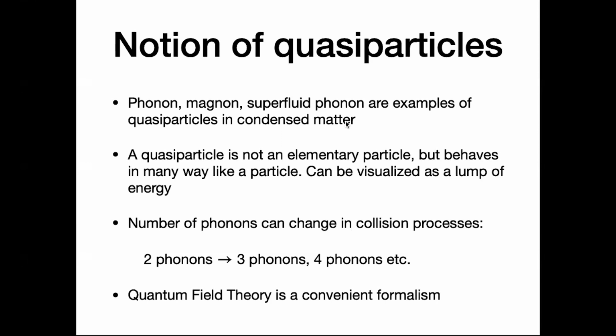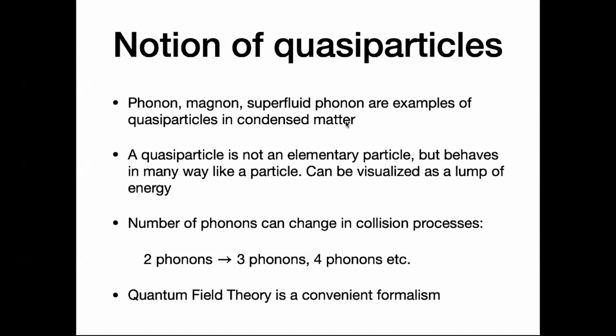One can visualize such a particle as a lump of energy that travels in space. That lump of energy has a finite size, but if we are interested in the physics at long distances, this quasi-particle a lot of time can be thought of as almost like an elementary particle.